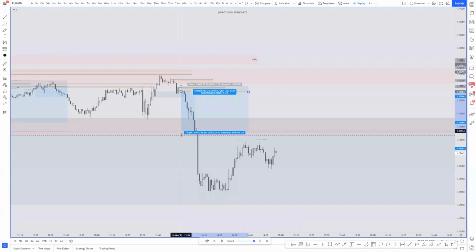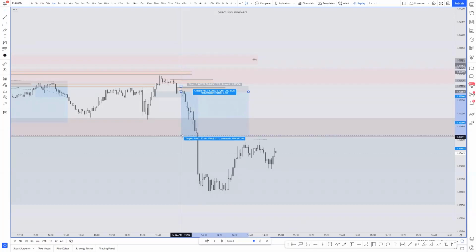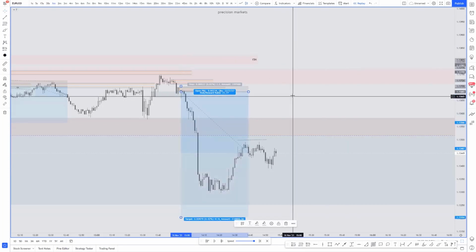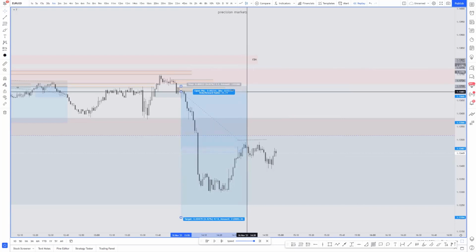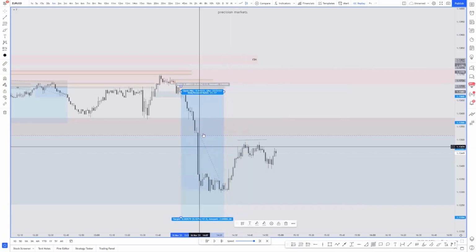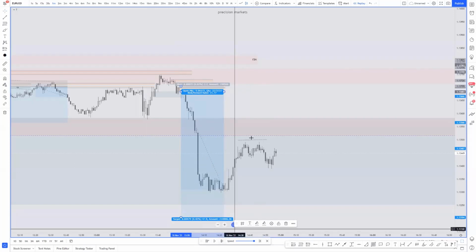So just to our target alone, you would have got 7.8 R. Let's say you partialed out 80% there, took 6 R on the day, leave the little runner on in case it keeps going. Obviously, we never know if it's going to do these big candles, so it's always good to pay ourselves.